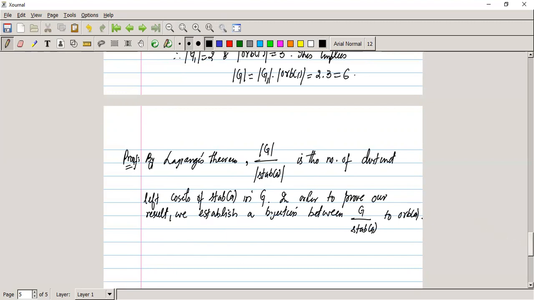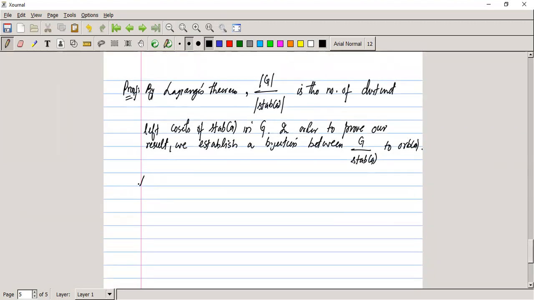So now let's define this map. Let T be a mapping from G upon stabilizer of A into the orbit of A. In fact, here we are not treating the stabilizer of A to be a normal subgroup, we are just defining the left cosets here.